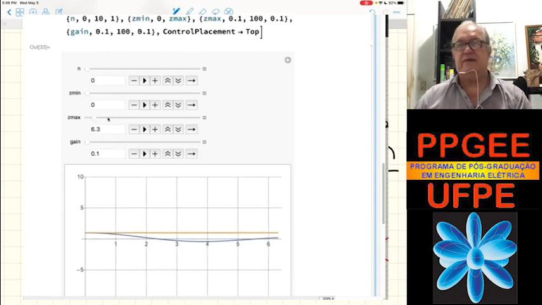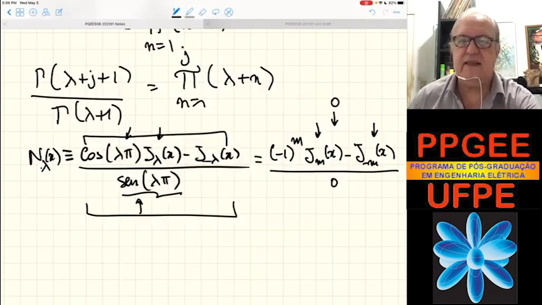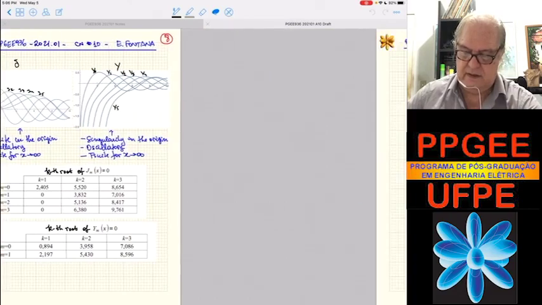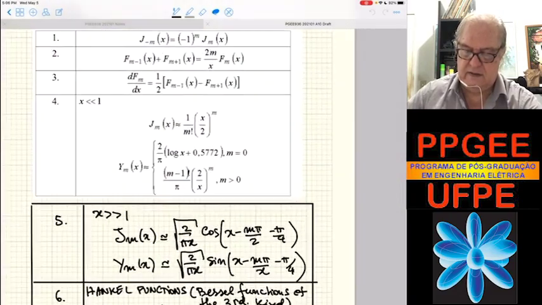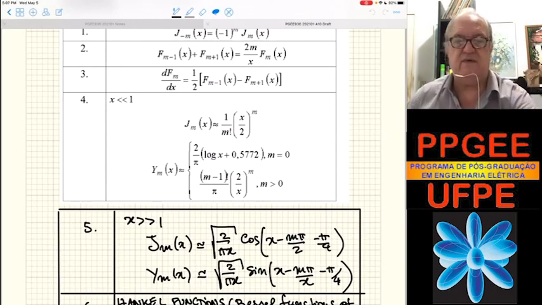We are plotting the Bessel function and its asymptotic approximation. For small x, in fact, J0 equals 1.